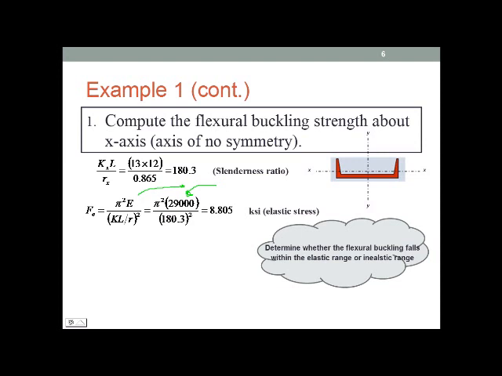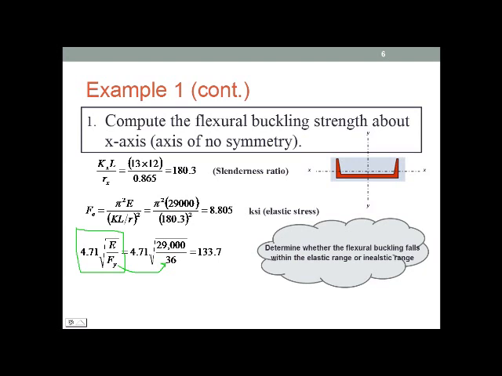Determine whether the flexural buckling falls within the elastic range or inelastic range. Now we have to calculate the limiting value 4.71 multiplied by the square root of E over Fy, where Fy is the yield stress of steel. In this question, Fy is given, and it's 36 ksi, since A36 steel is being used.